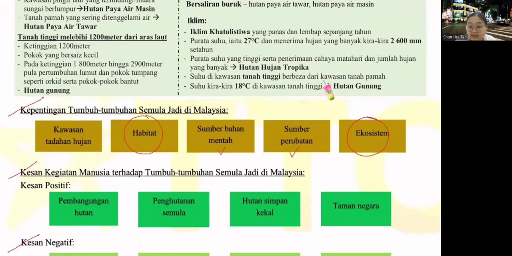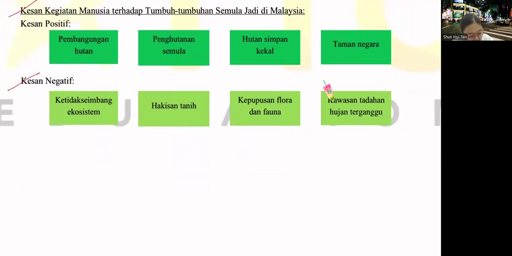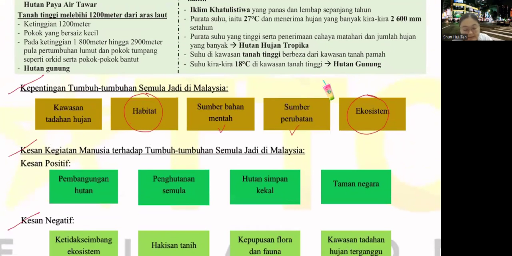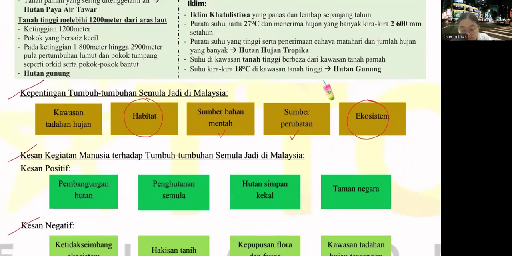Remember that time in the class, I did a slight summary: the most general kepentingan, which is applicable to all the forests, is habitat and ecosystem. Okay? Now, if they say to alam sekitar, habitat ecosystem; penting kepada manusia, perubatan dan bahan mentah.